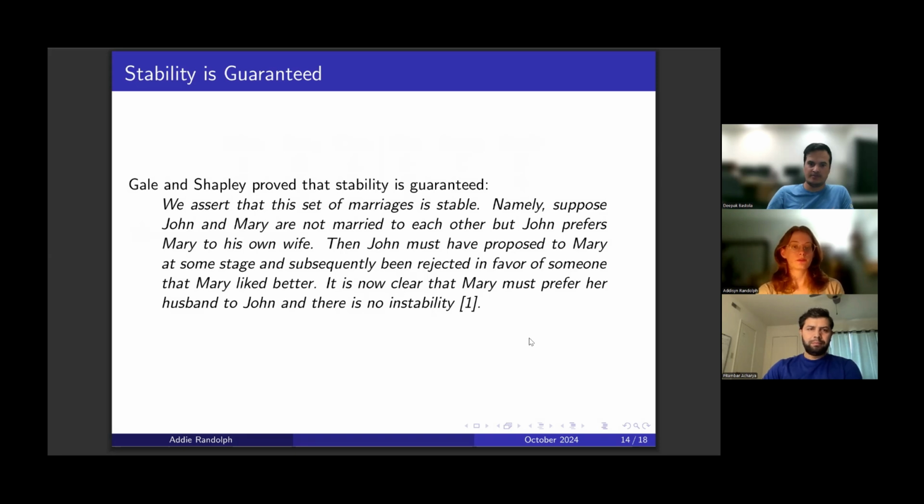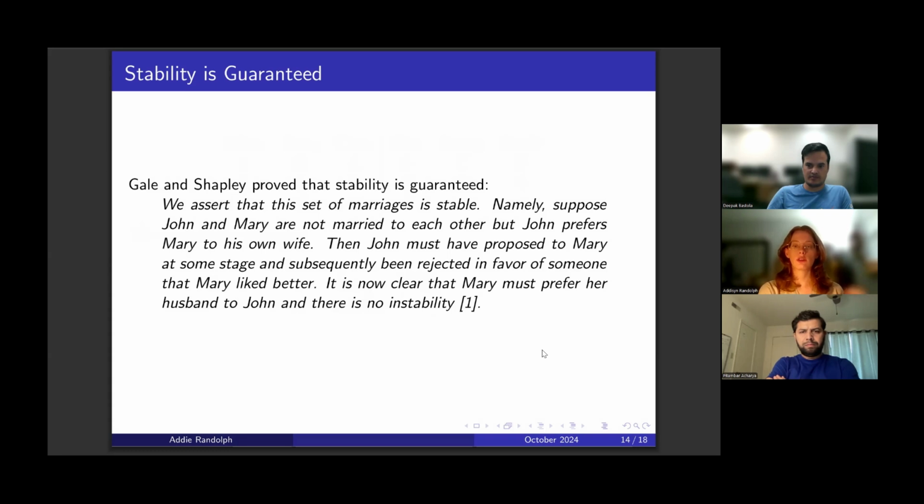Okay, so this algorithm, we have proved that the stability is actually guaranteed. This is the proof that Gale and Shapley presented in their paper when they presented this algorithm. They suppose that John and Mary are not married to each other, but John prefers Mary to his own wife.